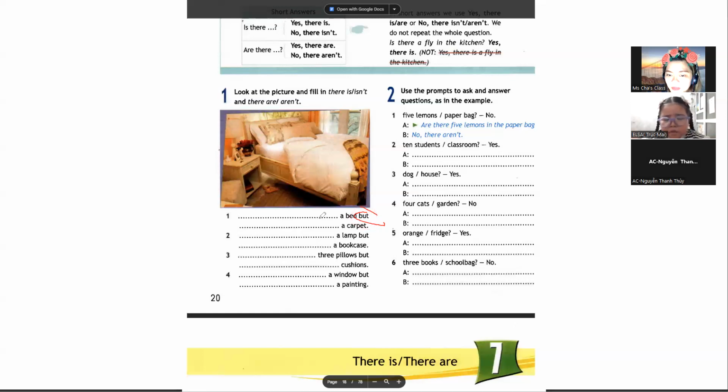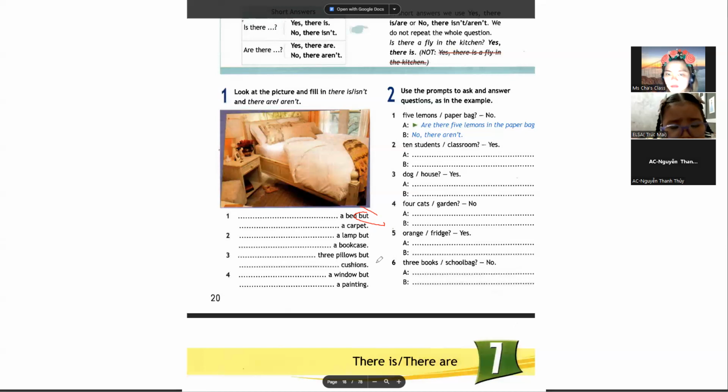All right? So you are right. There is a bed, but there isn't a carpet. Okay, how about number two? There is a lamp, but there isn't a bucket.